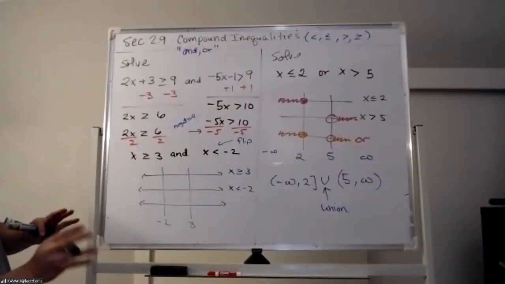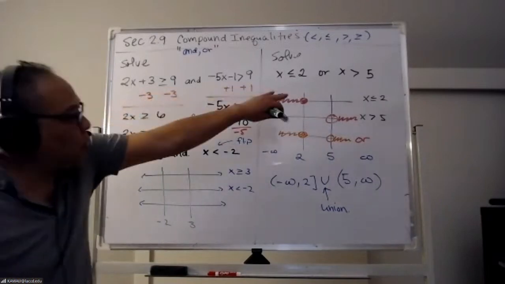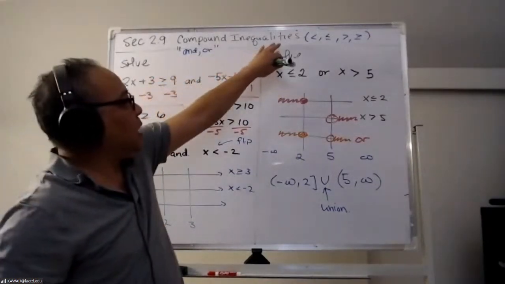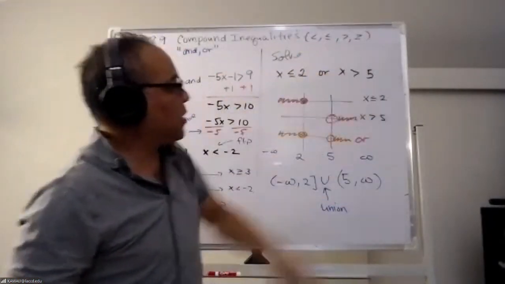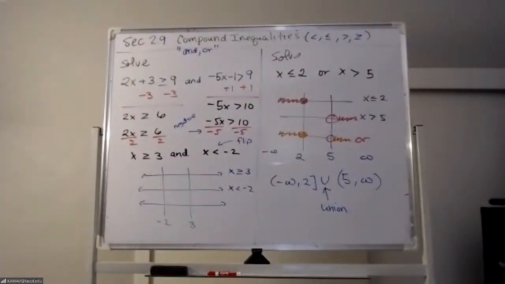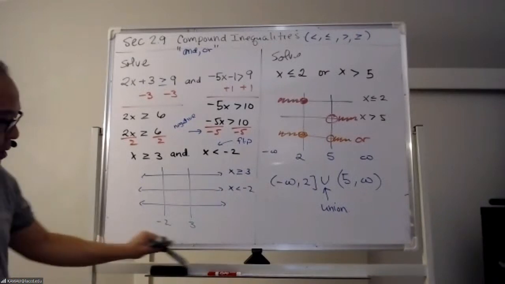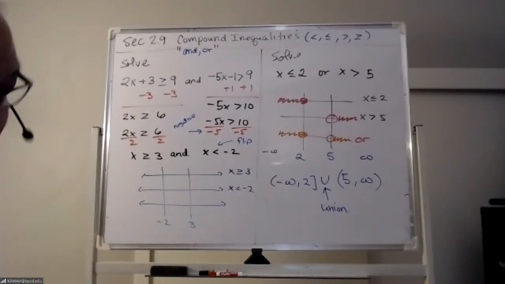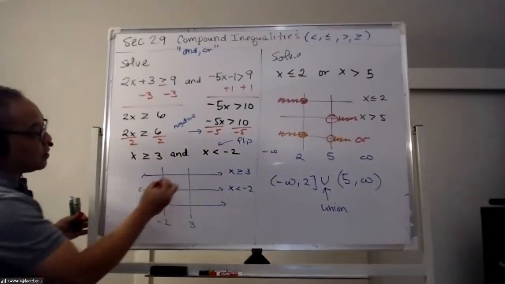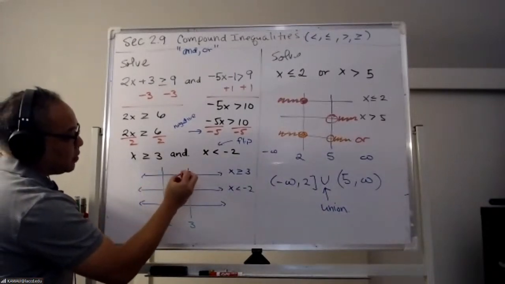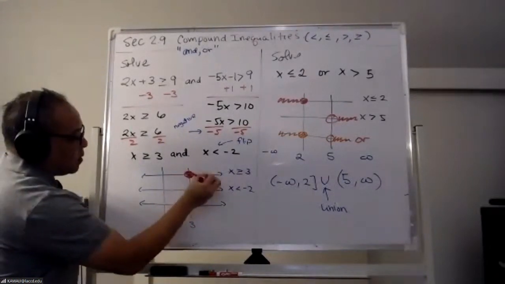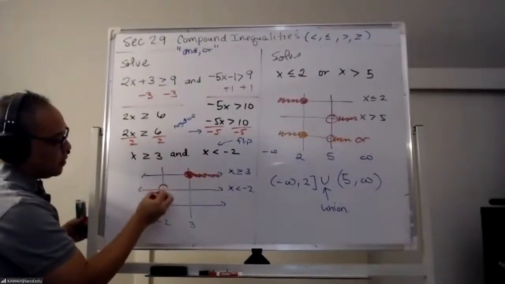So when we say compound inequalities, we mean ands and ors for the compound, and the inequalities are the less thans and the greater thans. Okay, so go ahead and do this. Go ahead and do that.